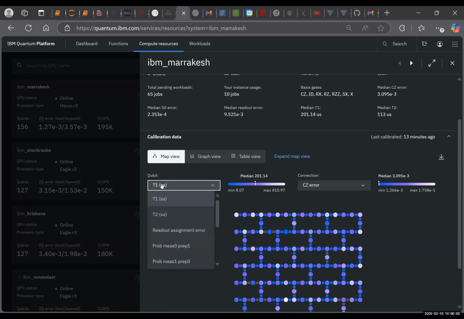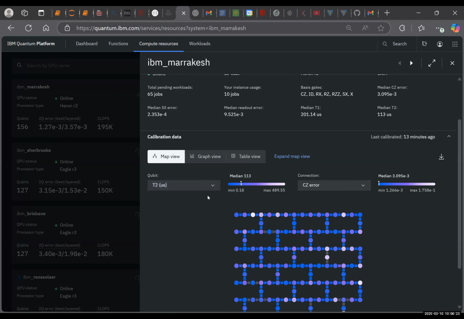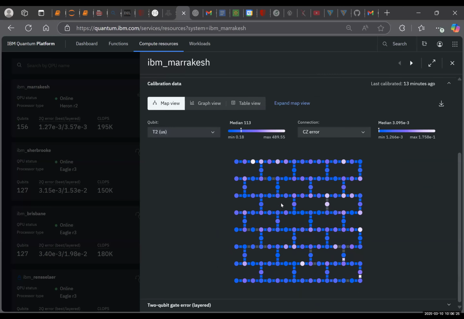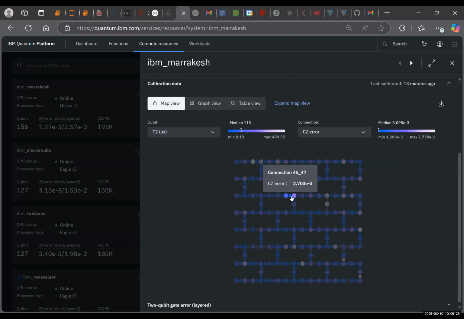Yes, microsecond. So this maximum decoherence time is 400 microseconds, which is close to milliseconds, quite large. So the larger the decoherence relaxation time, the better the machine. This is T1, this is T2. So you can look at this.